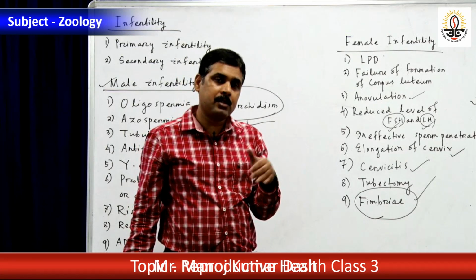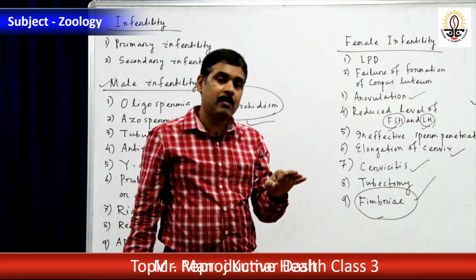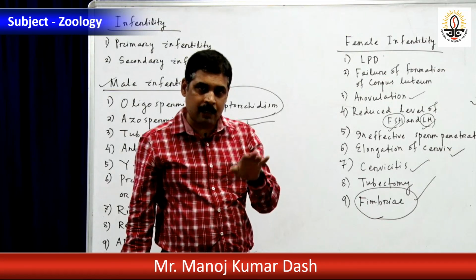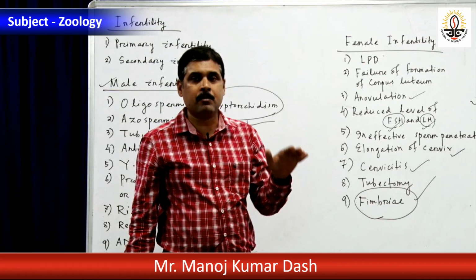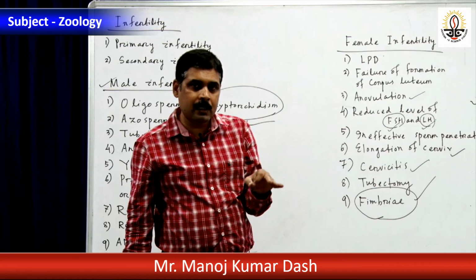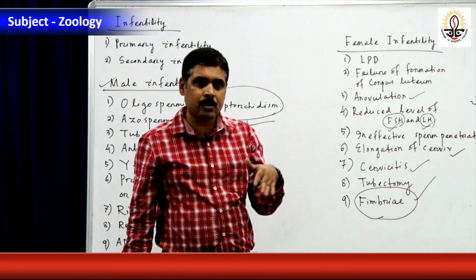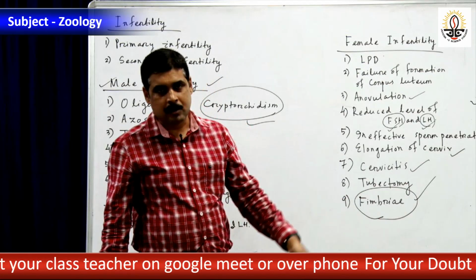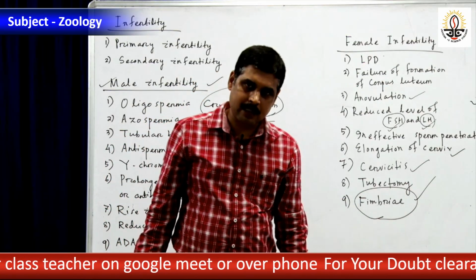Assisted reproductive technology means if somebody has infertility or sterility, what are the procedures adopted to solve the infertility problem, and what are the diseases occurring in the sexual organs which are transmitted from one to another by sexual contact. Thank you all.